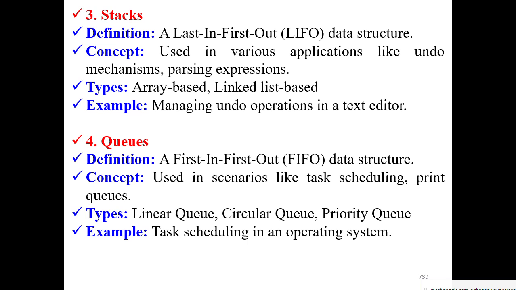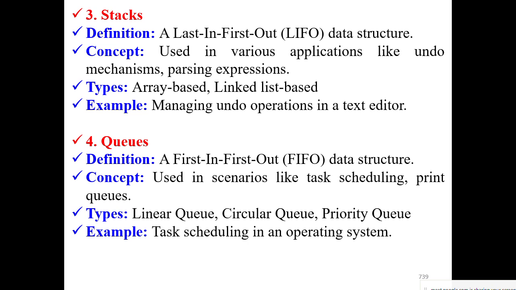Suppose there are 60 students giving print option, so they are getting print. Whoever gave the first option will get the printout first. That is called the first in first out principle.